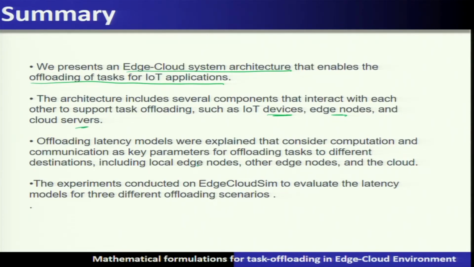Offloading latency models were explained in this lecture, considering computation and communication as the key factors contributing to the delays, and we will measure these computation and communication latencies in task offloading under different destinations, including the local edge, other edge nodes and the cloud.